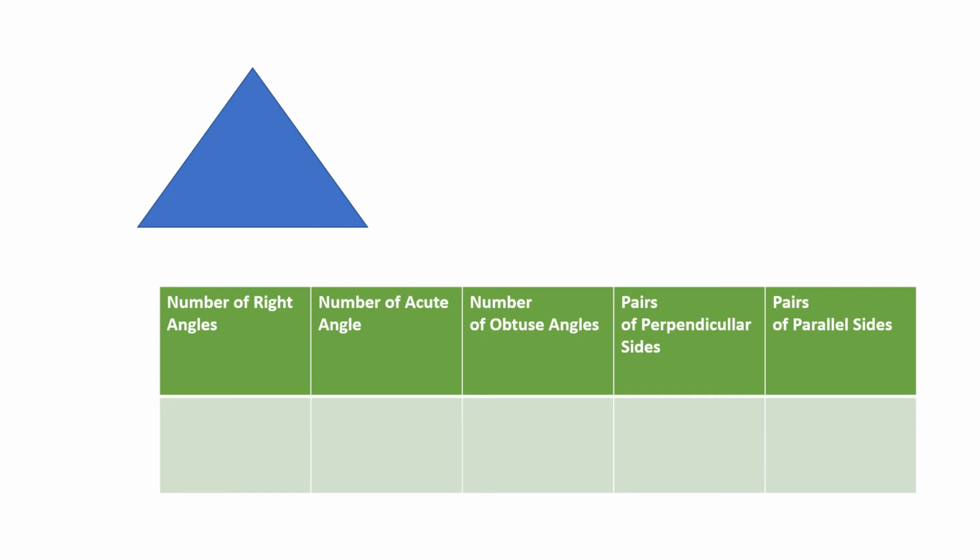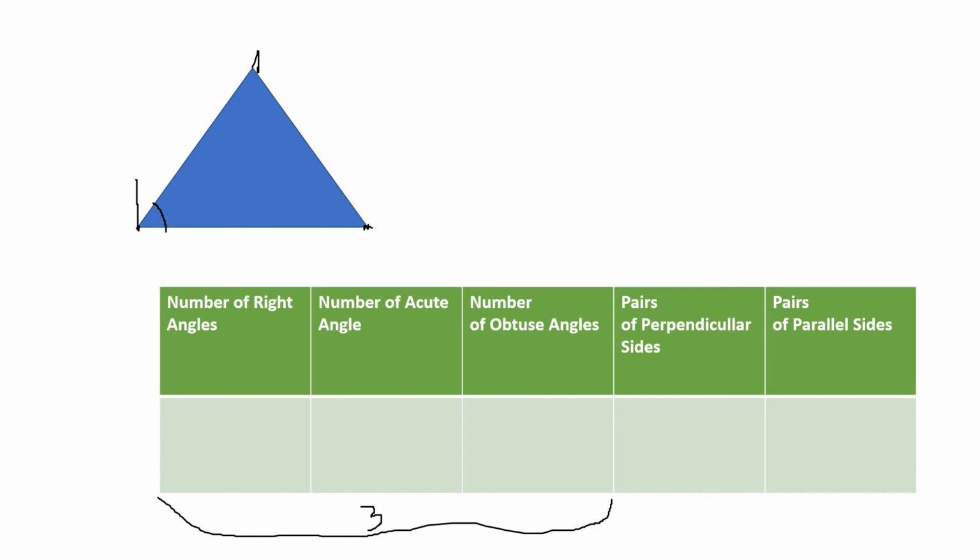Our next shape is a triangle. Okay, so the triangle has 3 corners. So I should have 3 angles. This should equal 3. So let's go look at here. Well, if this was 90 degrees, the side would be going straight up.